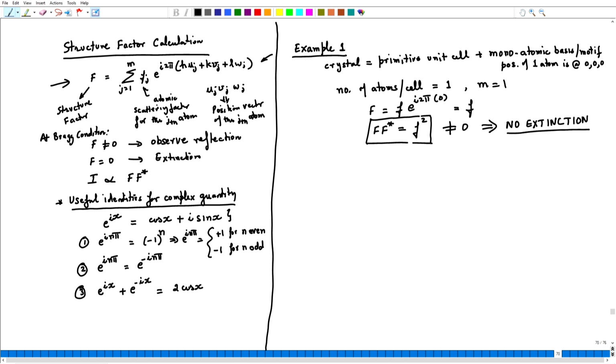Let us take another example. Let us consider example 2. Now, example 2, let us consider a crystal whose lattice is, let us say, end centered or base centered monoclinic.